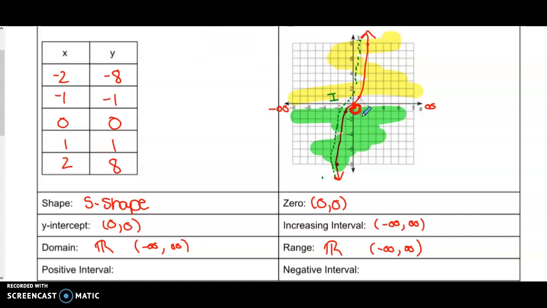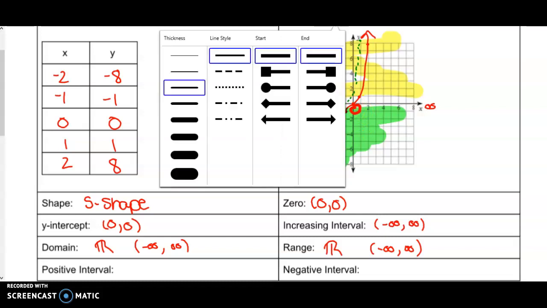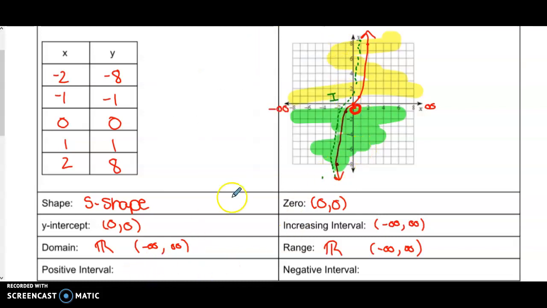So 0 is an important point, all right, it's where it's changing from positive to negative. So when I do positive, the yellow is over here. So it's on this side, from 0 to infinity. Then the negative, which is below, is right here on this side, which is in between -infinity and 0.